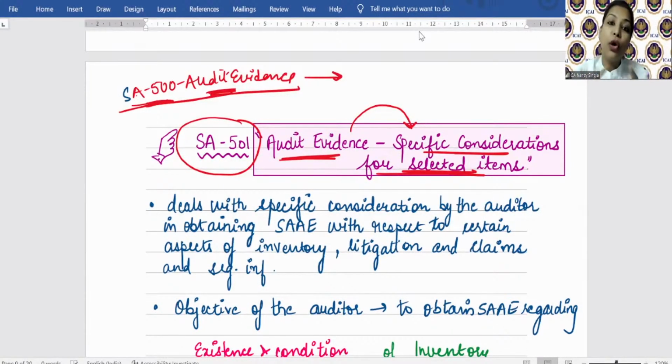To perform audit procedures in order to obtain audit evidence, to draw conclusions on which to base auditor's opinion. यही objective था SA 500 का. That during the course of audit, audit procedures perform करने, क्योंकि audit evidence obtain करना है. With respect to various assertions, है ना? हमने assertions भी पढ़ा, सब कुछ पढ़ा, है ना?